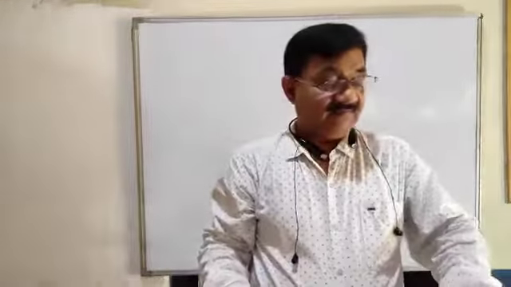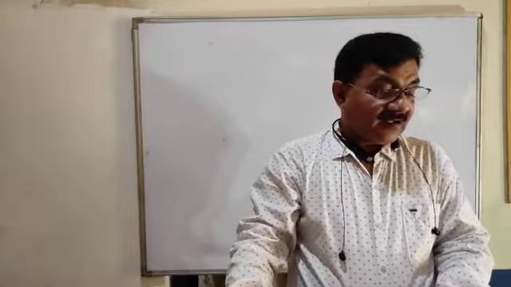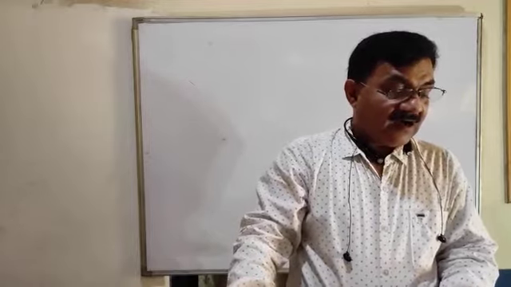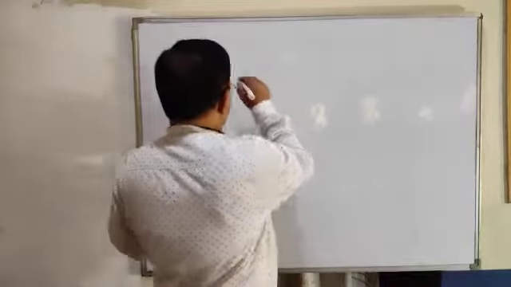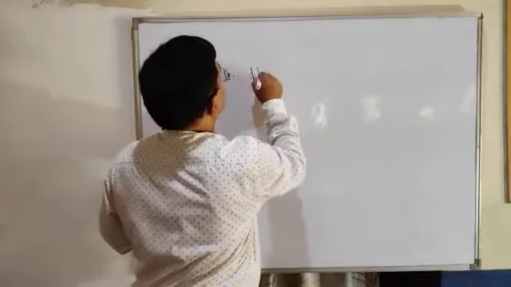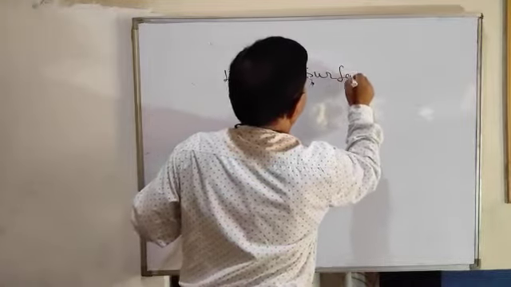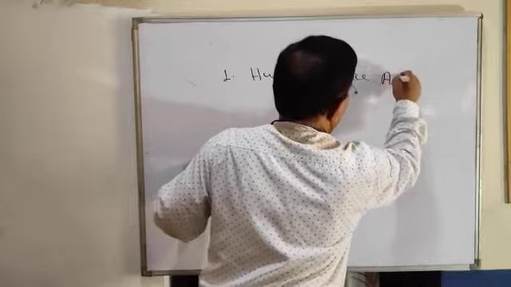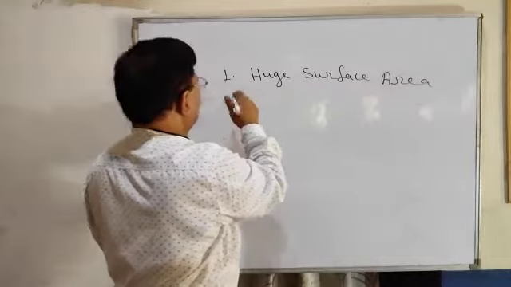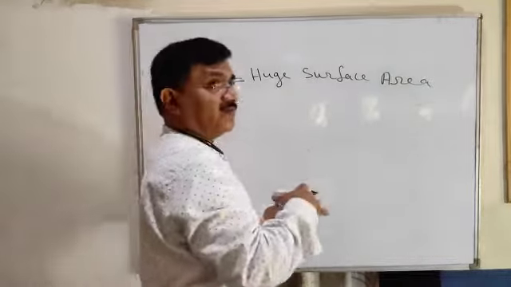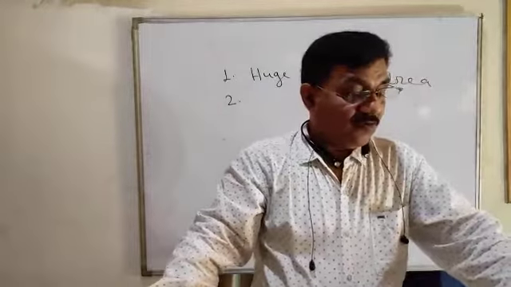Three things are there. Point number one, huge surface area. The surface area of the root is huge, large, means more.